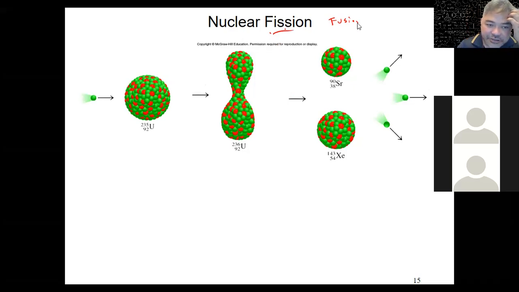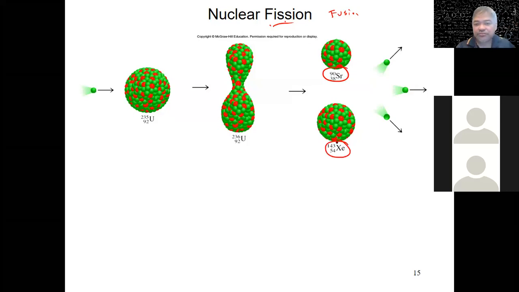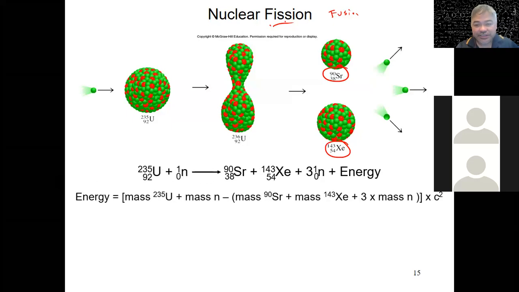So, if you have a nuclear fission, this is the breaking of a heavier nucleus into two nuclei with smaller mass number. So, pag nakita mo dito, you have uranium-235 and then you break it into strontium-90 and xenon-140 and some atomic particles. And it generates energy.